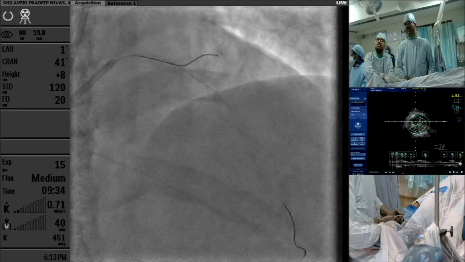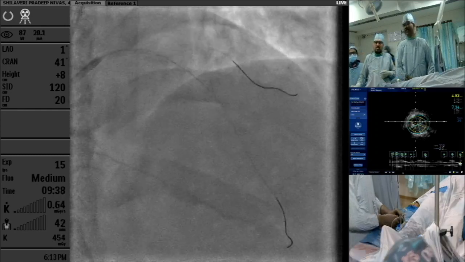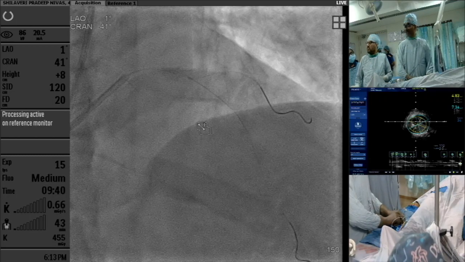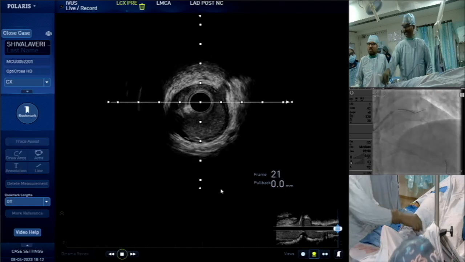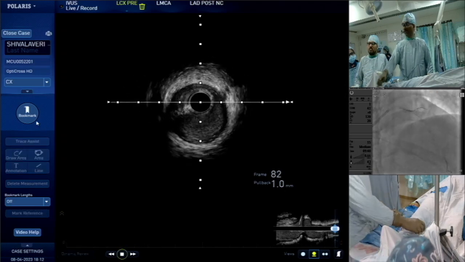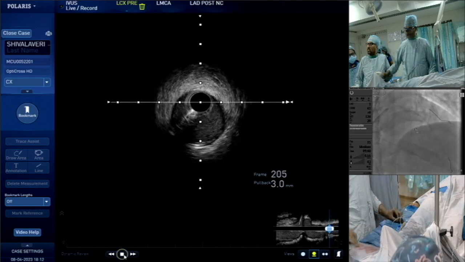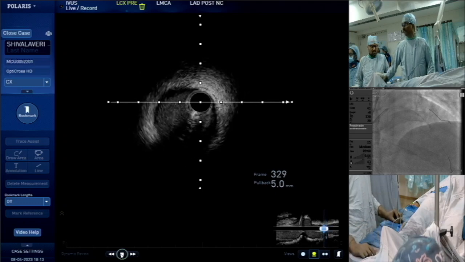So I'll move on to the questions which I have to answer in imaging. First come to LCX, because that is something which I have to clear before you move on to LAD. Show us the LCX and show us how you identify the LCX and the LMCA LAD ostium. Now we are taking the LCX IVUS, and it's a pullback.